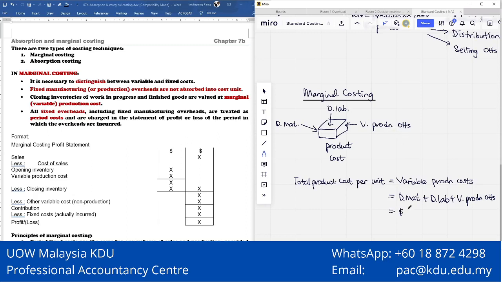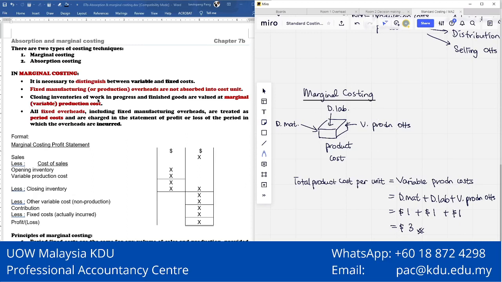I just add them up, $1 plus another $1 plus the variable overhead also $1. So for 1 unit I make, how much is the total product cost per unit? $3. This is under marginal costing.